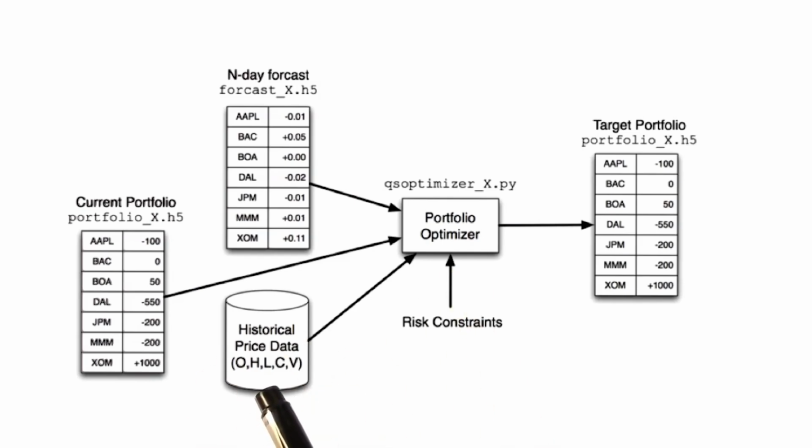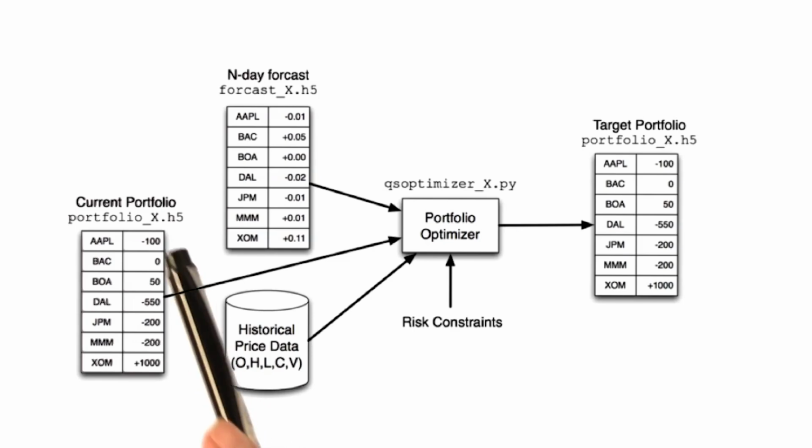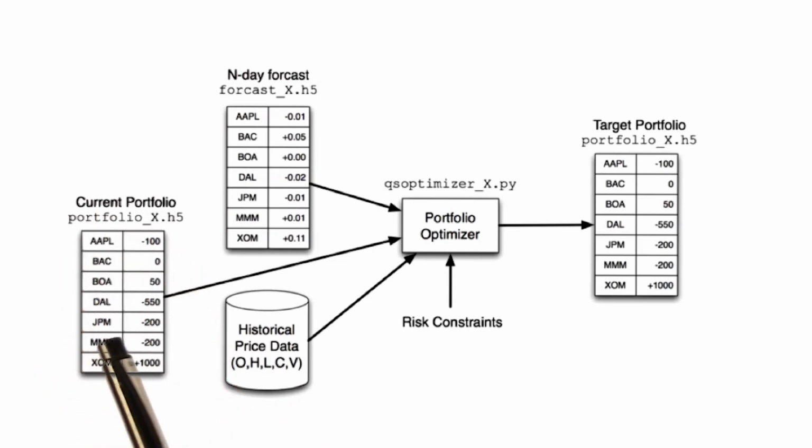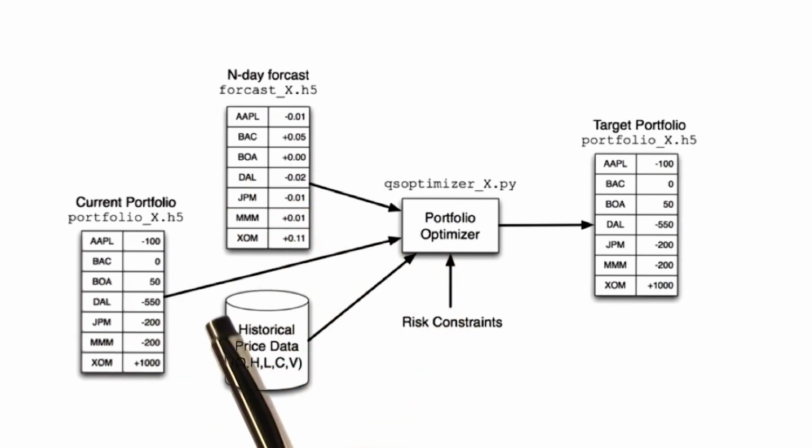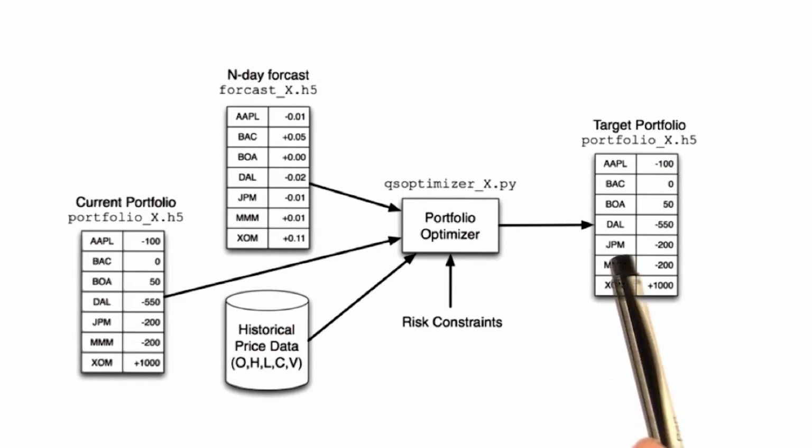We can look at that historical data to inform how stocks are correlated or uncorrelated to one another. And also of critical importance is our current portfolio. It may be the case that if we're holding something, we don't want to exit it immediately because we'd be penalized by rapidly selling it. So this optimizer takes all this information into account to get to the target portfolio that our trading algorithm is working to drive us towards.